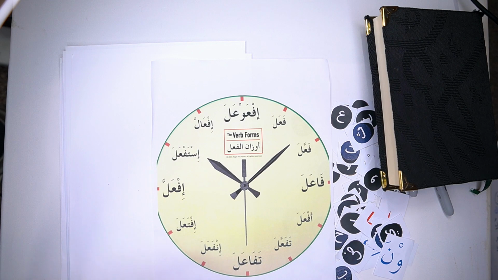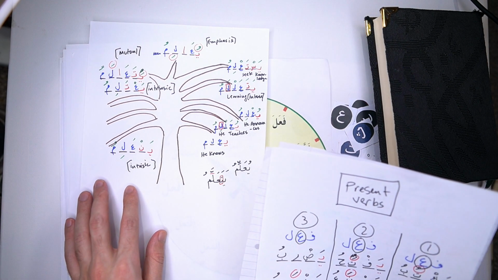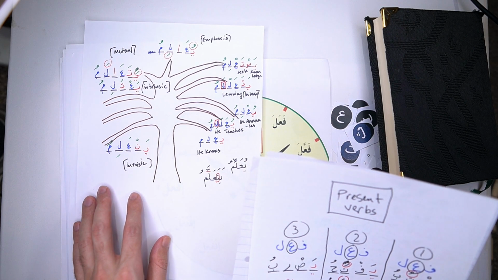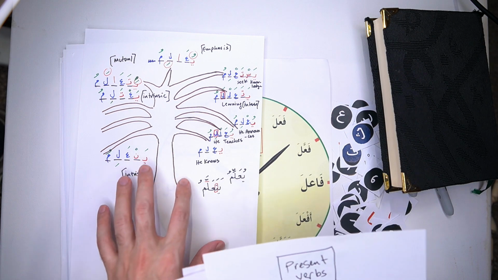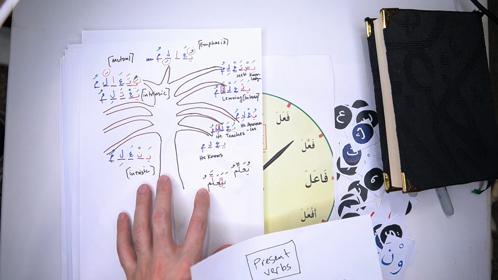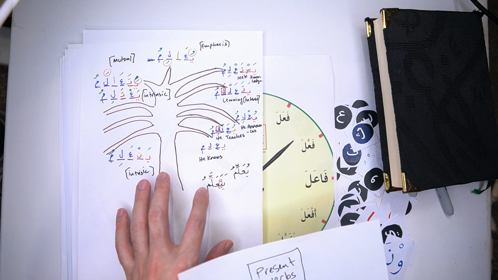So if you remember, we went over this and I showed you guys this kind of diagram, as you can see here. So you have this tree here, and then you have all the major patterns of the verbs.